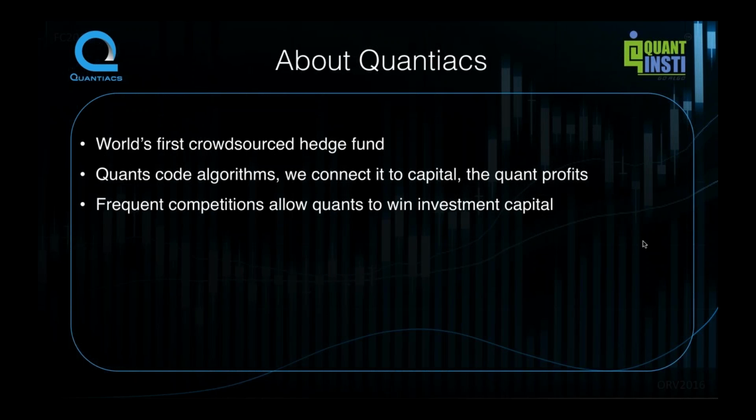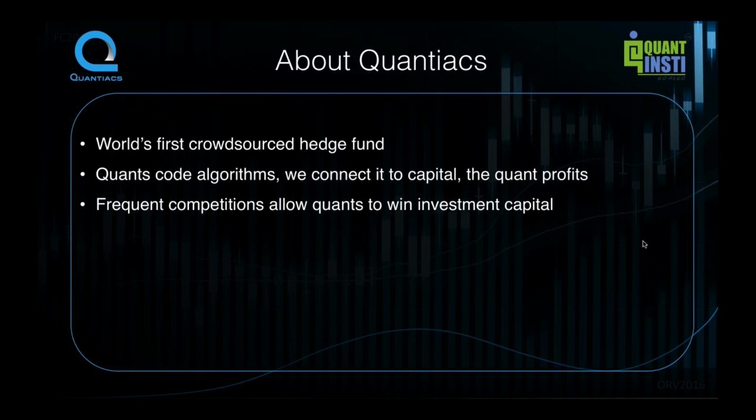Again, Quantiacs is a Silicon Valley company. We are the world's first crowdsourced hedge fund. We have a community of quants. Our quants code algorithms, we attempt to connect it to capital. When that happens and the trading strategy is successful, both the quant and Quantiacs profit.